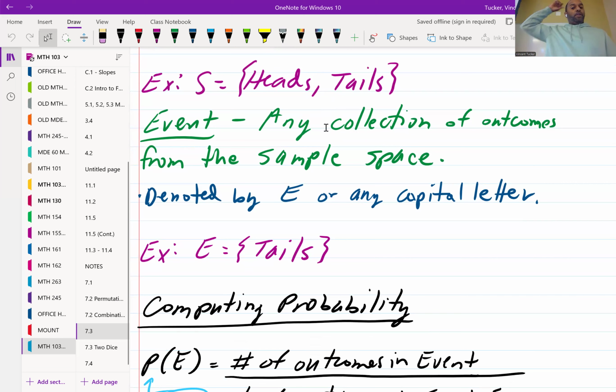All right, example of an event: the probability of landing tails face up, your event would be tails.